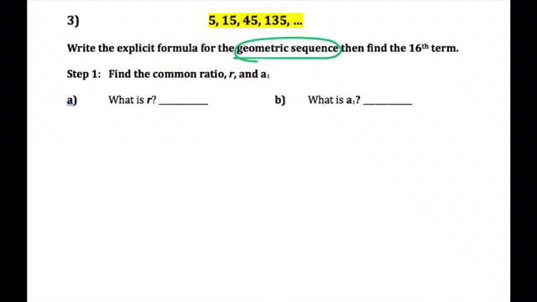And then you need to find R and A sub 1. So I'll give you a few seconds to do that. Okay, for R you should have gotten 3, and for A sub 1 you should have gotten 5.